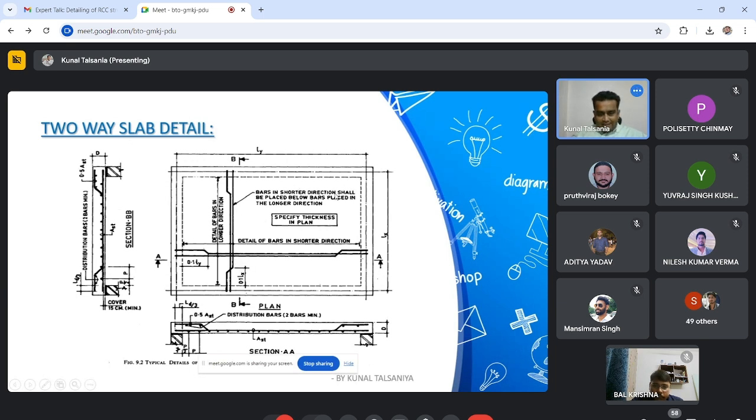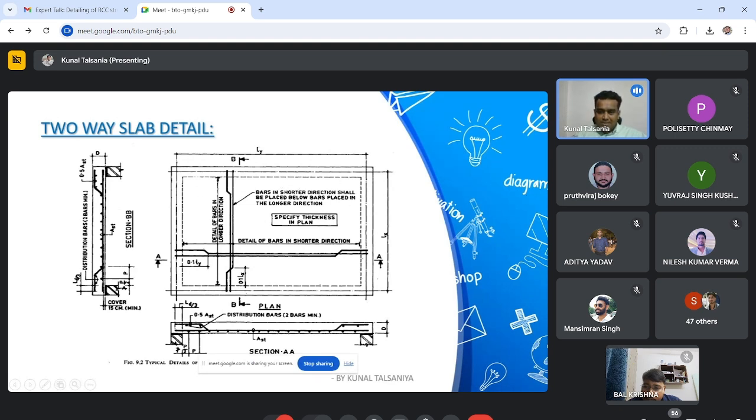You have to clearly mention that in the detailing or in the drawing. Even if your 4 edges are discontinuous, they have given the dimension of curtailment where the bent up bar will start: 0.1 Lx, 0.1 Ly. So it is very easy, but this is only for a 4 edge continuous slab.